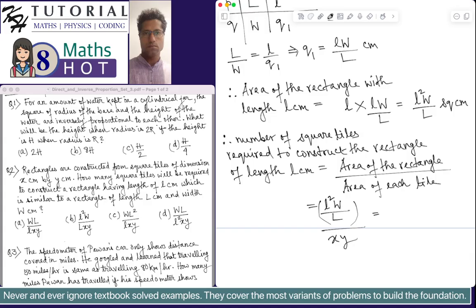So this is equal to l square W by LXY. So this number of square tiles will be required to construct the rectangle of length small l centimeter, which will be similar to a rectangle of length capital L centimeter and width W centimeter.